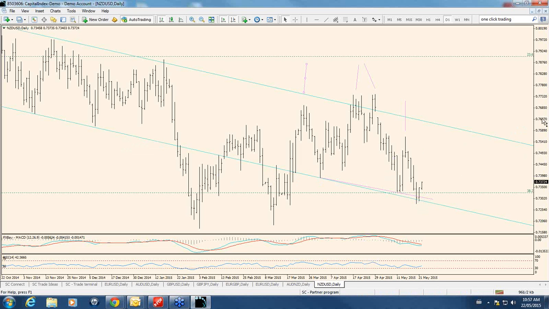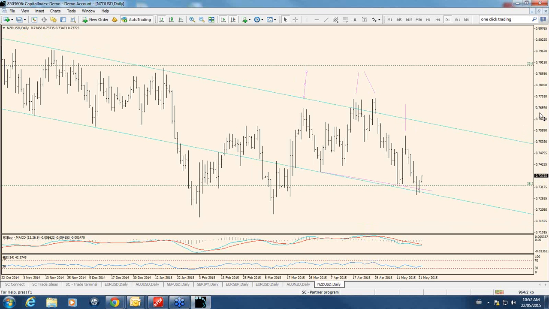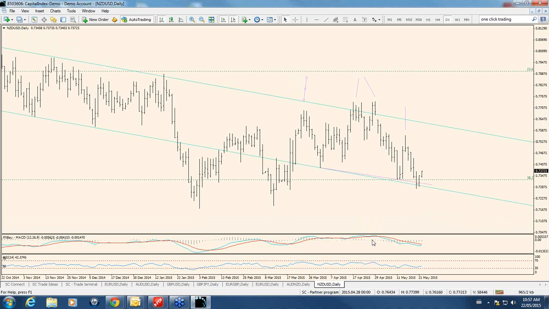Now, how do we deal with that? Does MACD and RSI give you any clues on this currency pair? Yes, absolutely. MACD has moved below zero, so it's now bearish.